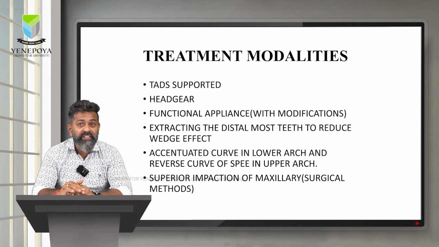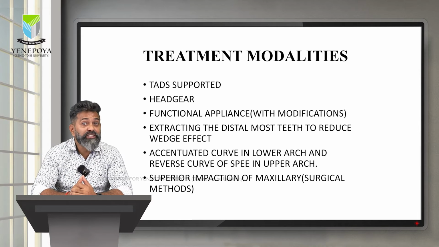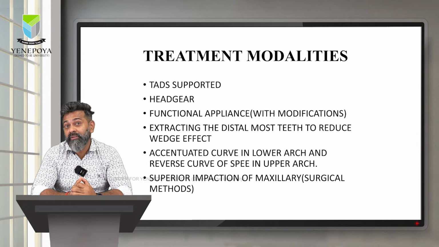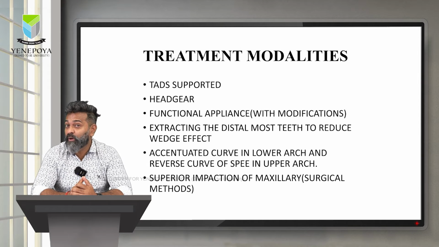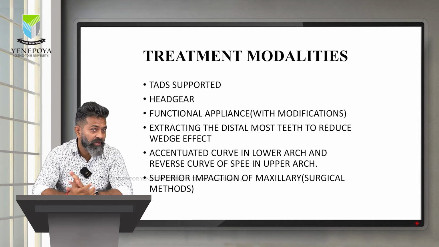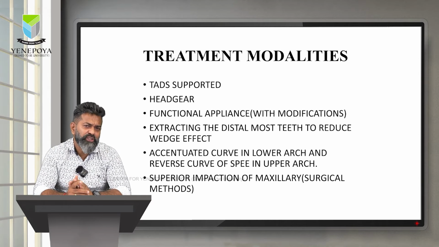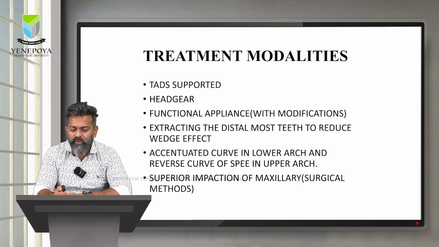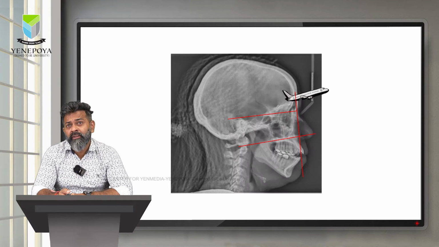We can also use functional appliances with modification, and extract the distalmost tooth to reduce the wedge effect. Another one is we can use exaggerated curve of Spee in the lower arch and reverse curve in the upper arch, and also superior impaction of the maxillary jaw by a surgical method. By doing all these things we can bring about autorotation.